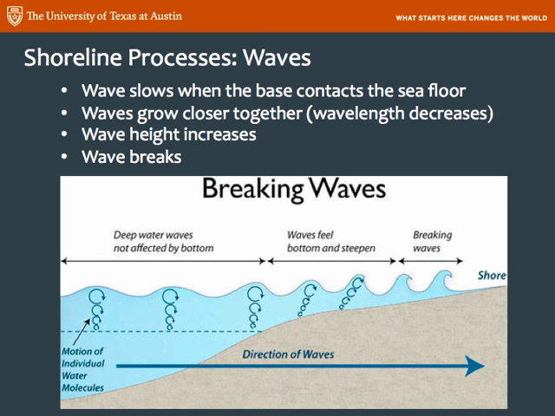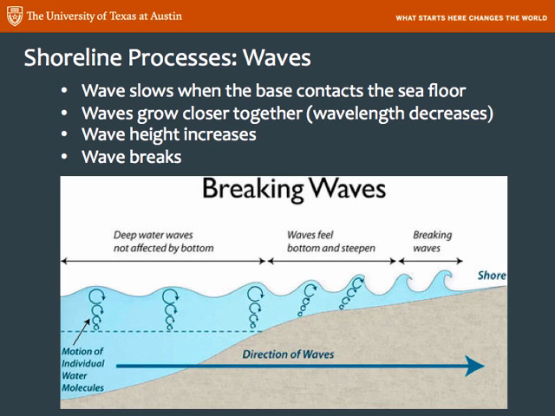Now, what causes waves to break? This is where our little circles of movement come in again. Out away from the shore, the water movement just moves, as we described before, in these small circles that get increasingly smaller as you go down. But as that wave gets closer to shore, you get to a point where the wave motion interacts with the shoreline bottom.